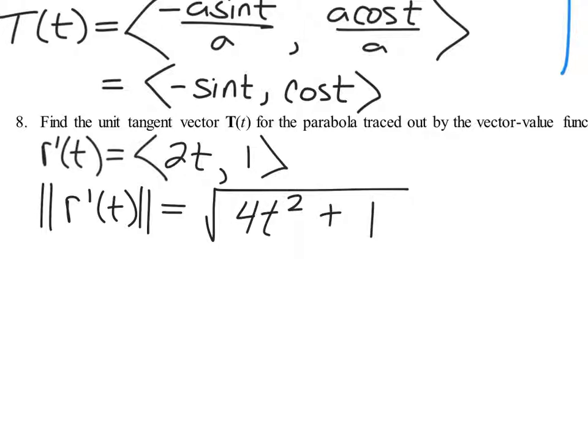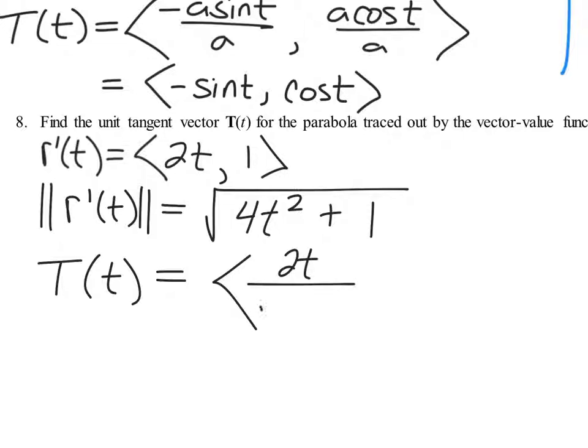All right. Now T of t, the unit tangent vector in terms of t, would be the ratio of our derivative vector to the magnitude of the derivative vector. So we're looking at 2t over the square root of 4t squared plus 1, comma, 1 over the square root of 4t squared plus 1.